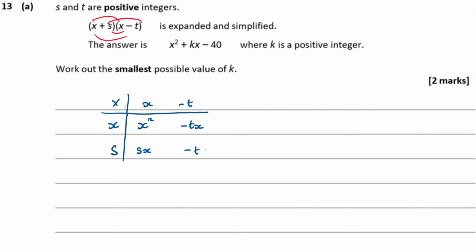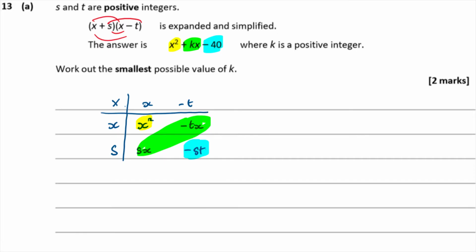Well, I should say minus st, shouldn't I, alphabetically? Minus st. Okay? Now, to create our quadratic then, the first term is here. The second term is those two added together. And the third term is this one.